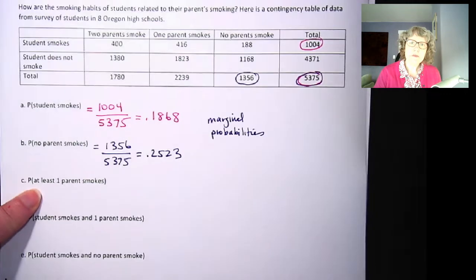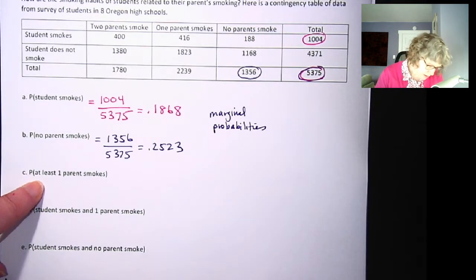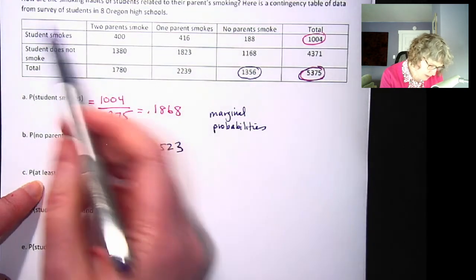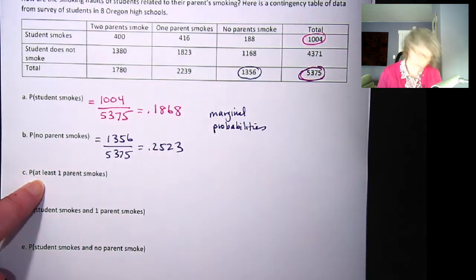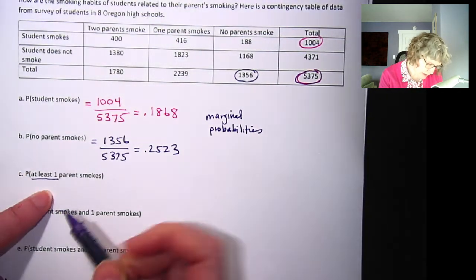At least 1 parent smokes. Again, marginal, because they're not talking about the student at all. They're only talking about one of the variables. However, at least 1, we have to think about that.